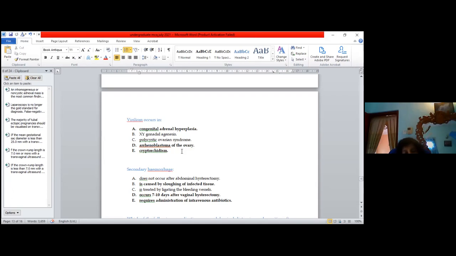No gonads in an XY male. Internal genitalia will be female. External genitalia will be female. So there's no virilism because there's no testis to cause male characteristics. Polycystic ovarian syndrome, you only get hirsutism, not virilism. Adenoblastoma of the ovary is correct. You can get virilism.